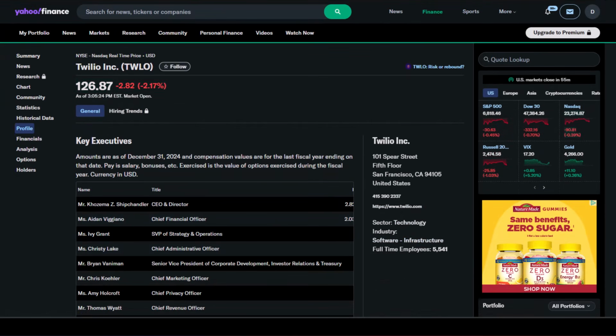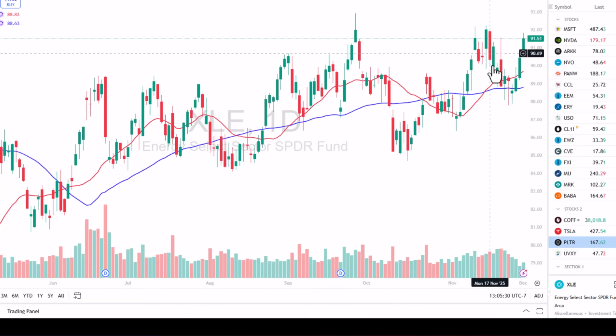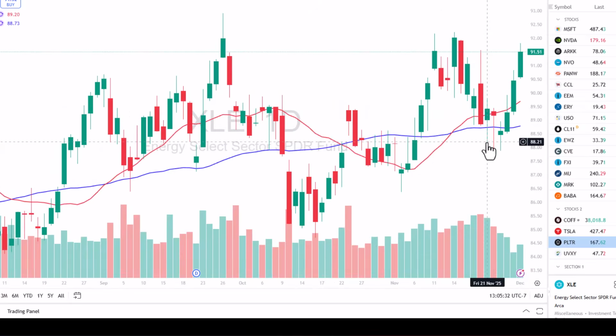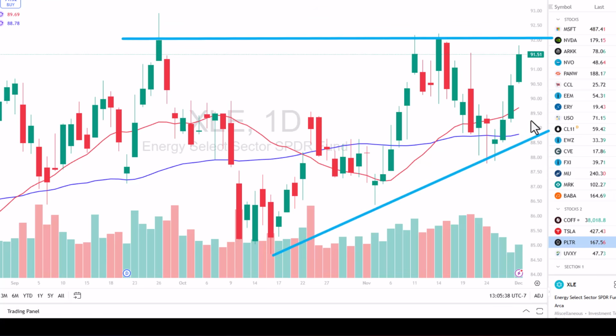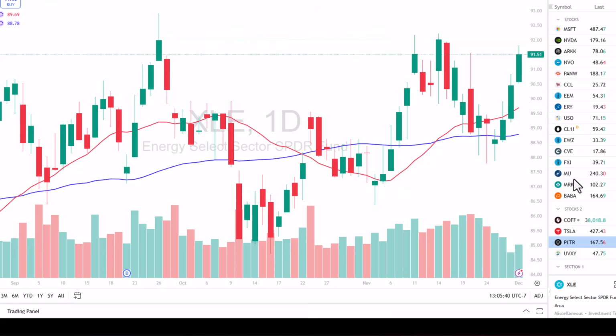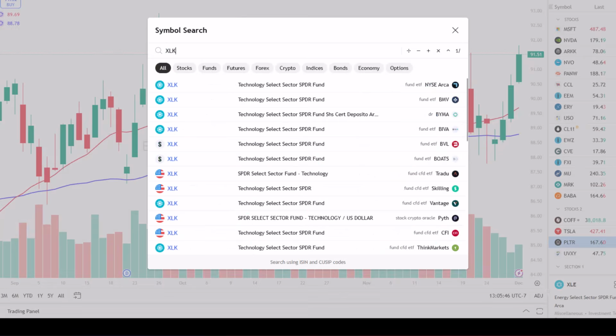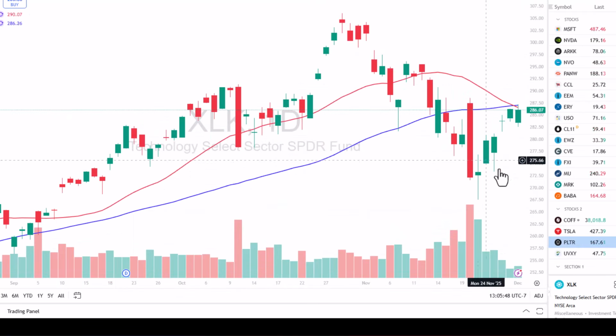Well, here's where the tiebreaker comes in. Where energy looks strong. Let's zoom in here. Doesn't energy look great? Nice ascending triangle, up above short-term moving averages, upward sloping. Boy, it's different with technology. Here's XLK, the technology sector, and it's a whole different ball game. You've got the 20-period moving average downward sloping.